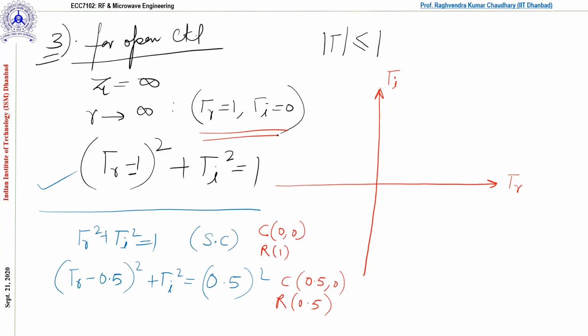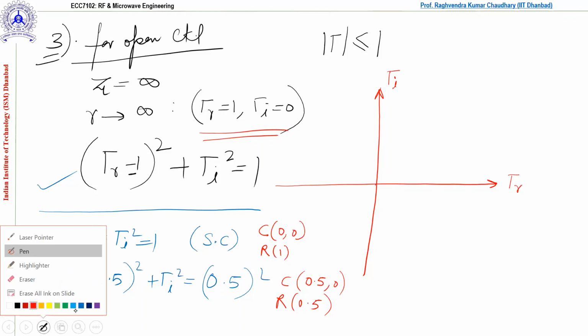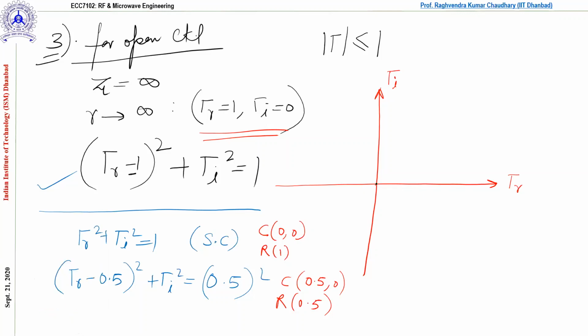Now, if you try to draw these things, fine. So for ZL is equal 0, okay, the radius will be these things. If I try to draw here, just give me the different color. So this is the center. I'm drawing first for the ZL is equal 0, means for this one.